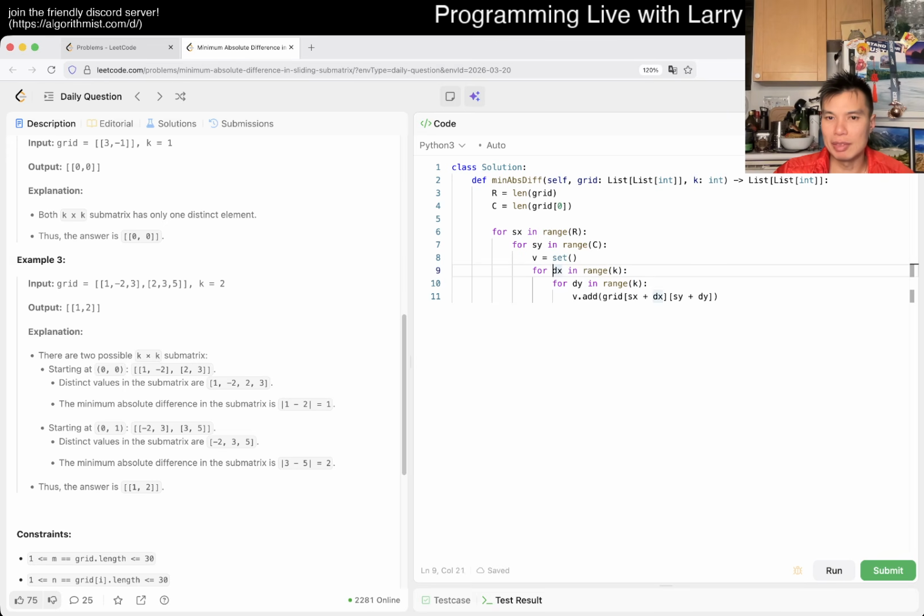So maybe we can write x is from, no, because we should probably just convert this, right, to minus k, right? I think that should make it good enough, right? So then now we convert this to a sorted list, right? And then, or maybe just sort. Oh no, it's a set. That's why I did it this way. And then just look at two adjacent values.